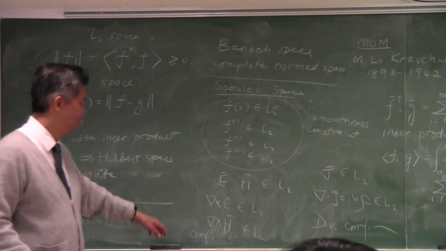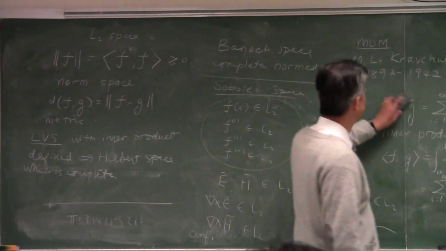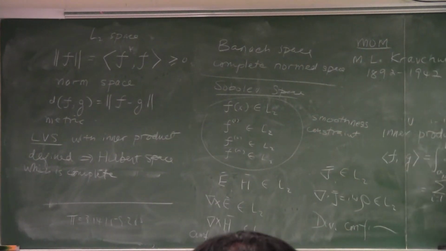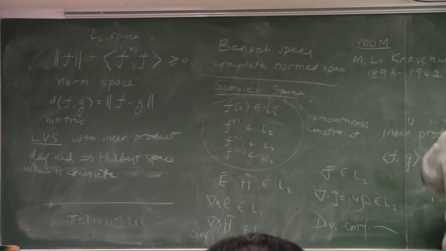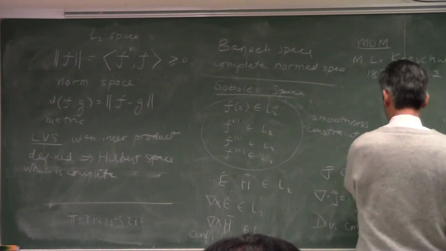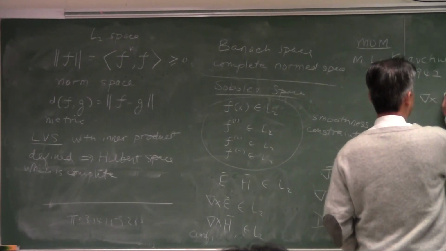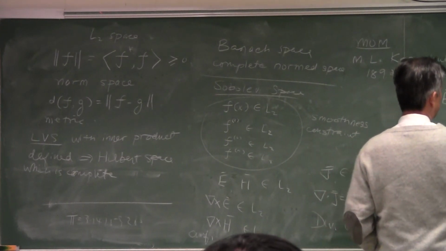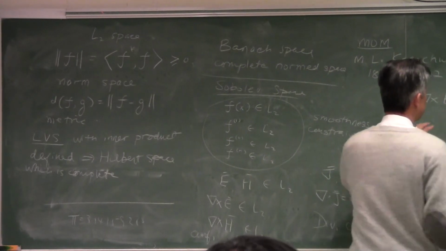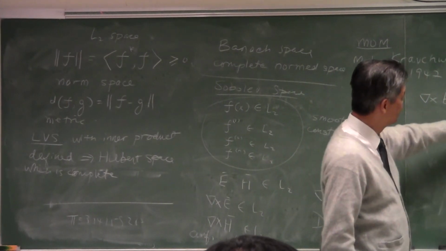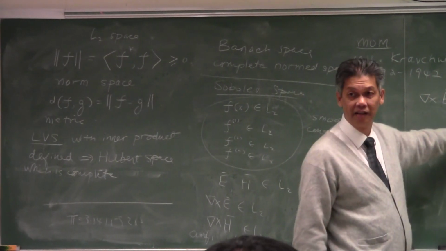Curl of E is i omega mu H. There's no singularity on the right hand side.